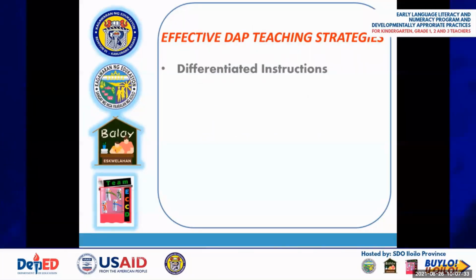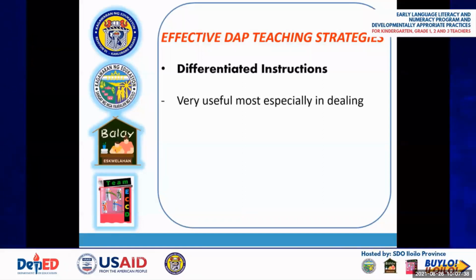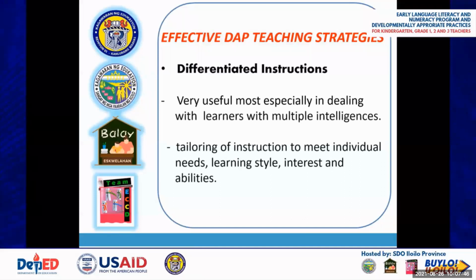Another effective DAP teaching strategy is differentiated instruction. Differentiated instruction is very useful, most especially in dealing with learners with multiple intelligences. Tailoring of instruction to meet individual needs, learning style, interest, and abilities.